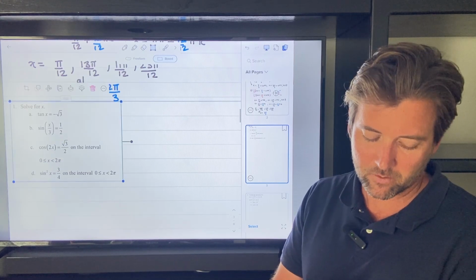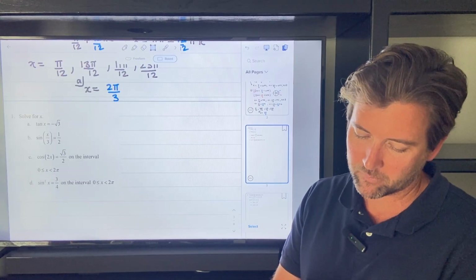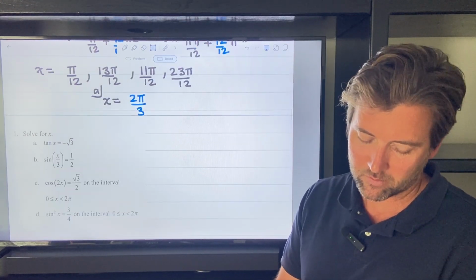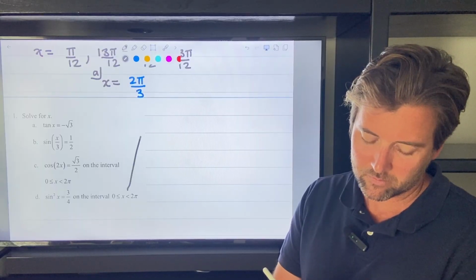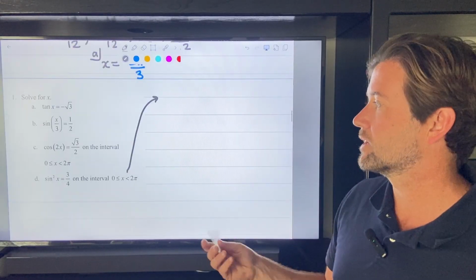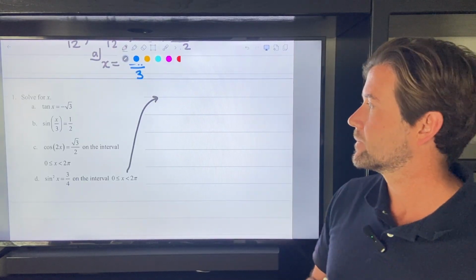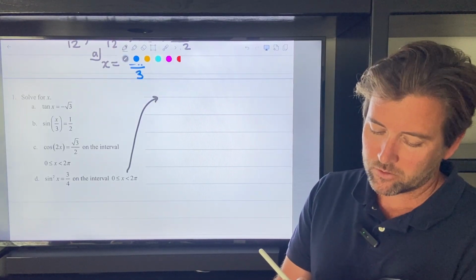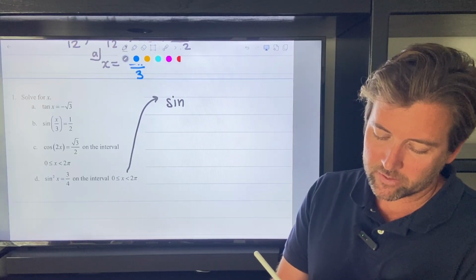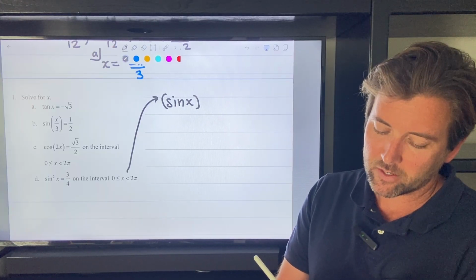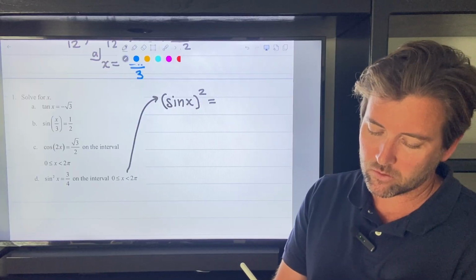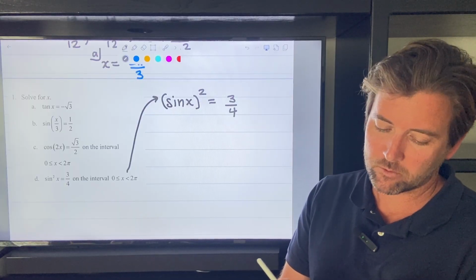All right, 1D. This one again wants the solutions between 0 and 2 pi. So we have sine squared of x. That can be written like this: sine of x in parentheses squared equals 3/4.